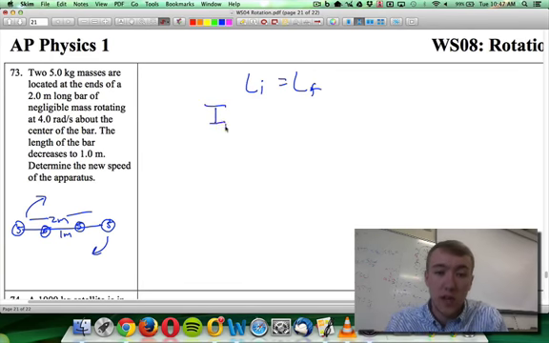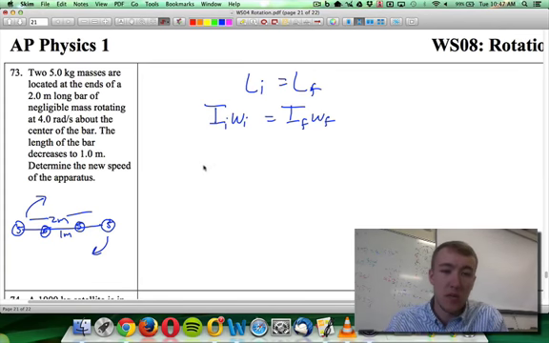I'm going to say the initial momentum equals the final angular momentum. The initial momentum here, that's going to be mr squared, right? So we're going to have this mass, and that's 1 meter away, so that's squared, plus this mass, which is 1 meter away. The angular velocity to start is 4.